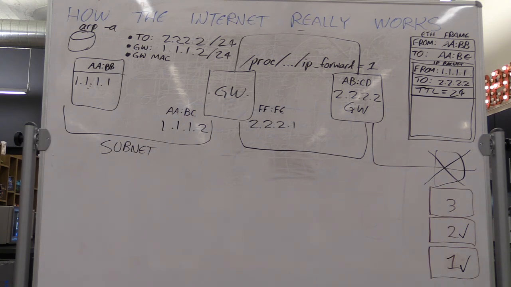Some implementations will forward it even at 1 and only throw it out if it's 0. But if you think about that, it makes no sense, because you would decrement it to 0, pass it off, and for sure the next guy is going to throw it away. Most implementations since like SunOS 5.6, I think, discard the packet when TTL reaches 1 unless the packet is addressed to that machine.